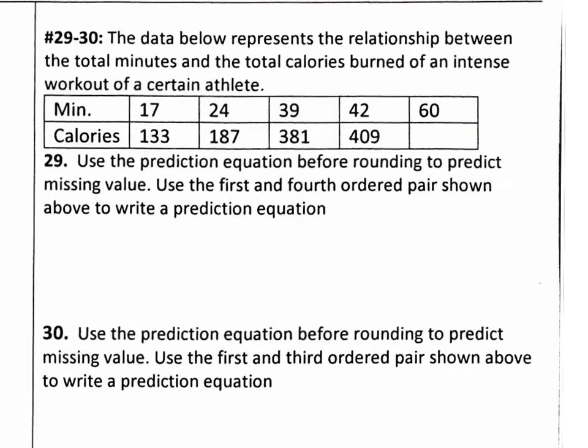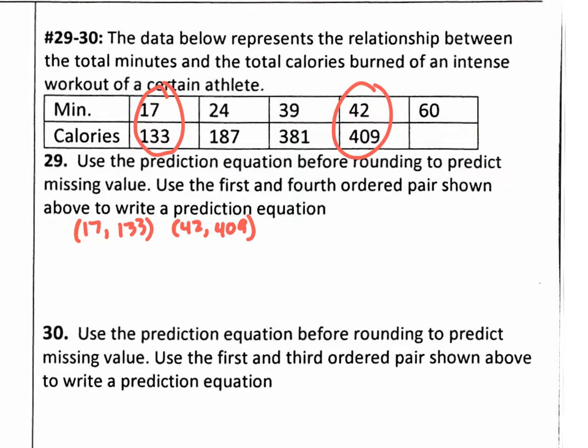So they want us to use the first coordinate and the fourth. Okay, so the first coordinate is 17, 133. The fourth coordinate is 42, 409. So they want us to write a prediction equation.